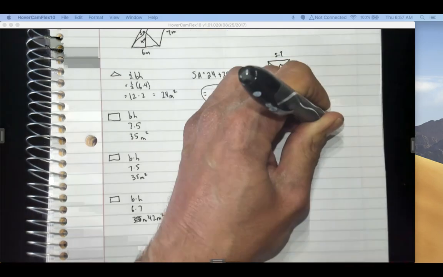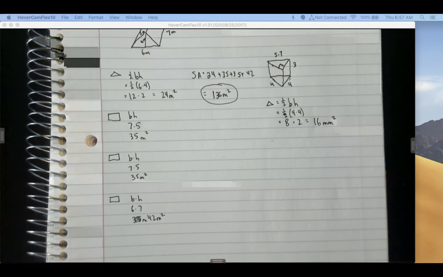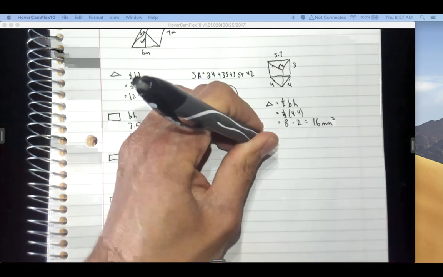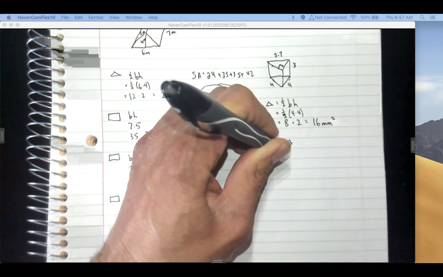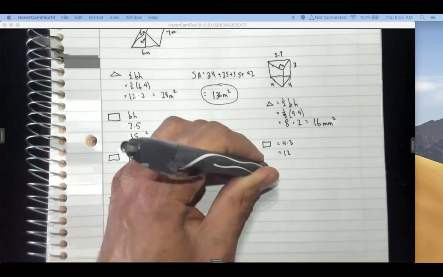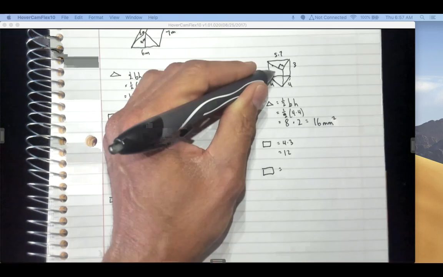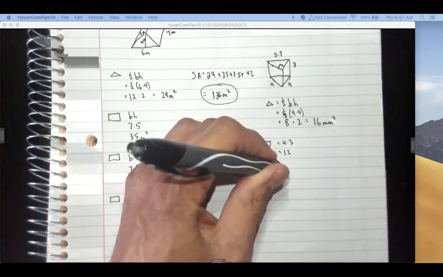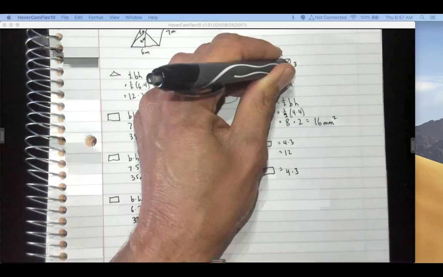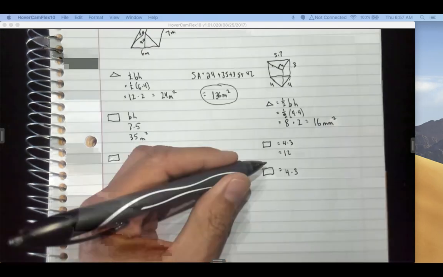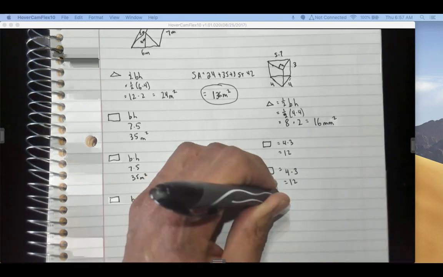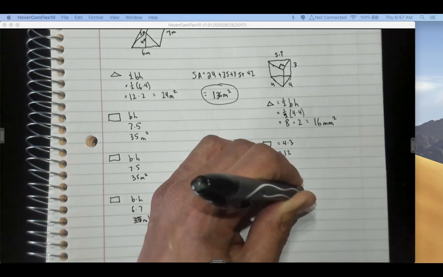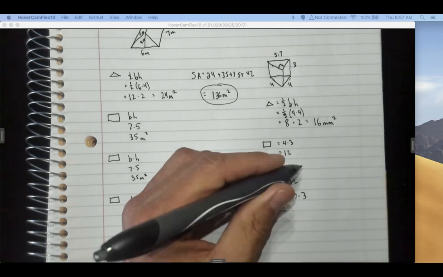Then my 3 rectangles are going around the outside. Rectangle 1, right here, is 4 times 3, which is 12. Rectangle 2, which we have here, is 4 times 3, because this is 3 and this is 3 and this is 3. And so that is 12. And then rectangle 3 is on the back side, so it's 5.7 times 3, which is going to be 17.1 millimeters squared.